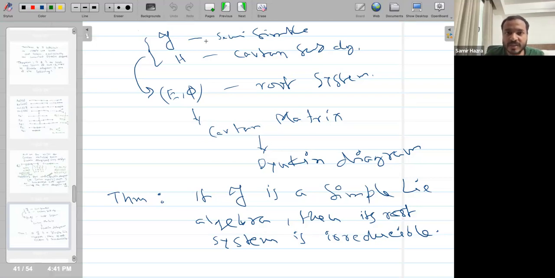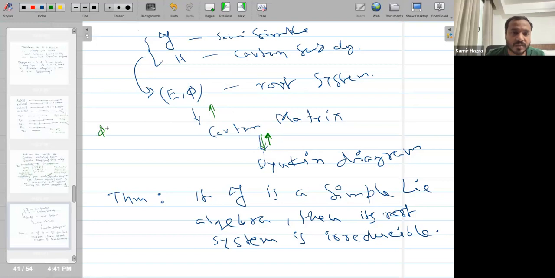So basically, we want to classify. We are heading to the classification of semisimple Lie algebras. So here, from Cartan matrix to Dynkin diagram, we have seen a bijective correspondence, right? And from Cartan matrix to root system, we have also discussed this in our previous lecture, that the Cartan matrix actually defines the root system.